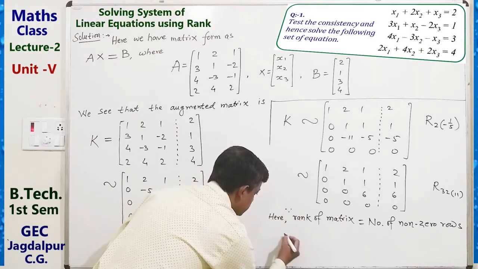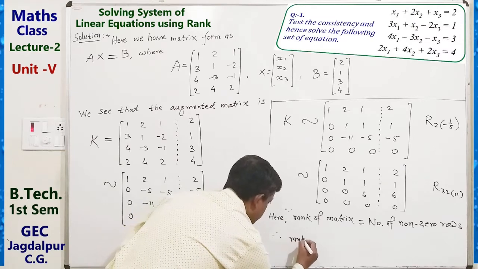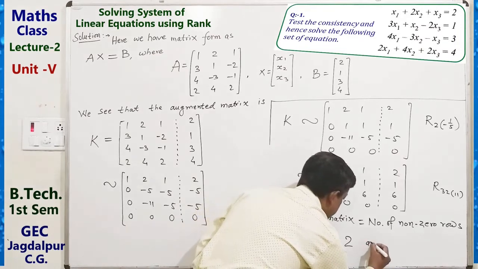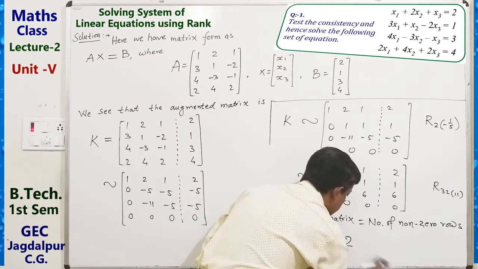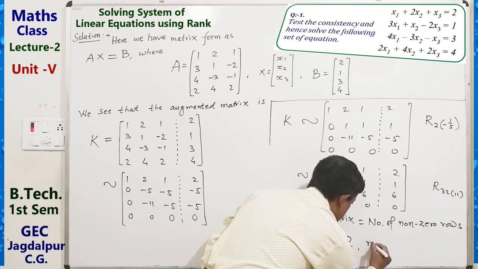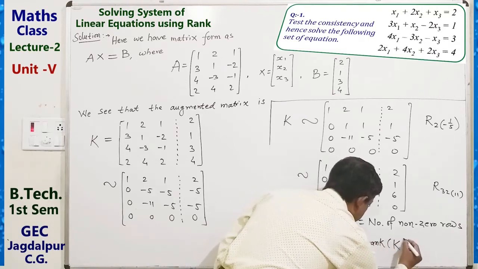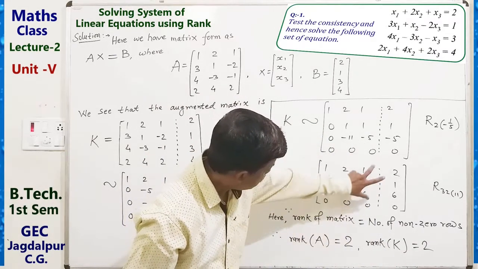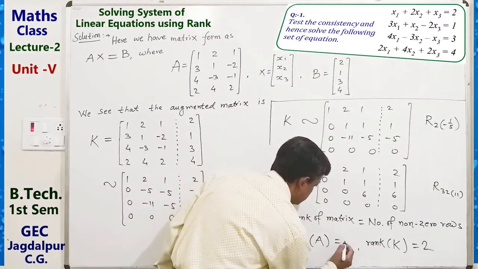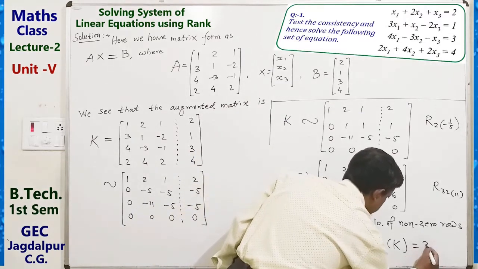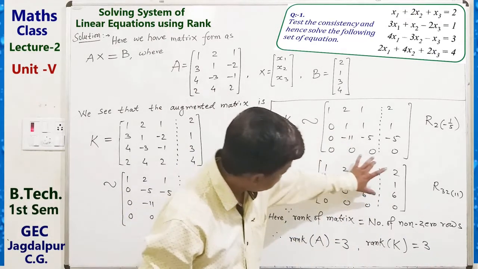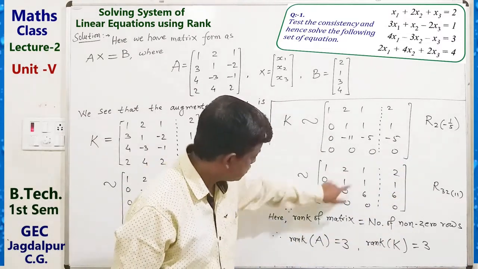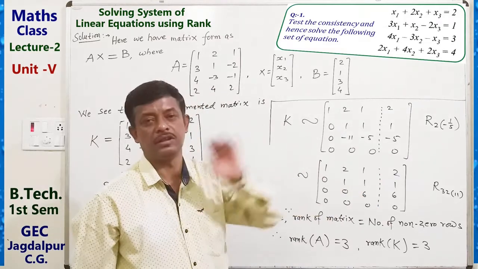Here, therefore, rank of the coefficient matrix equals 2, and rank of the augmented matrix equals also 2. Sorry, 3. Because in this part the number of non-zero rows is 3. In total the number of non-zero rows is also 3. So rank of A is 3, rank of total K is 3.